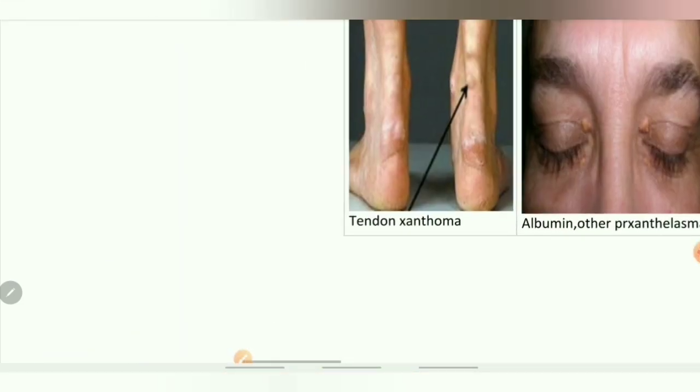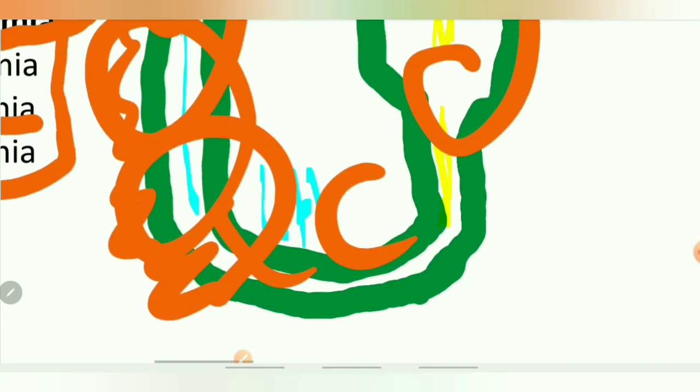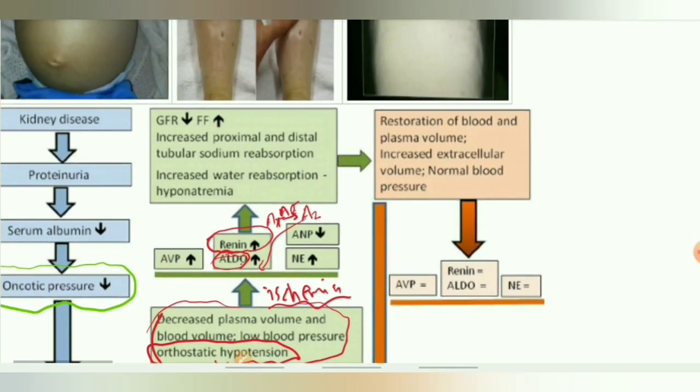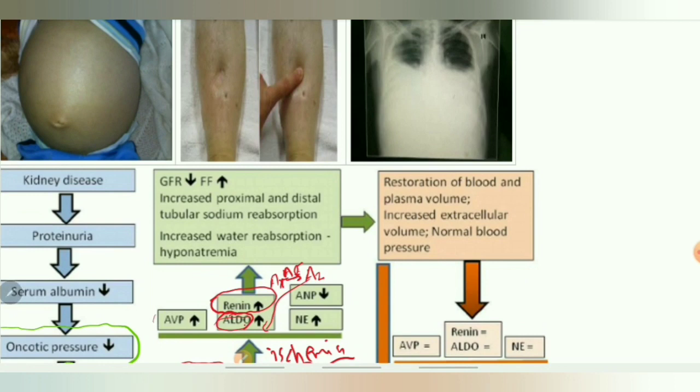In addition to that, this problem of hypotension will stimulate the secretion of arginine vasopressin, which is the antidiuretic hormone.